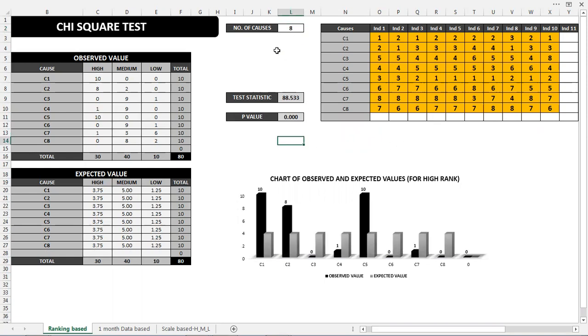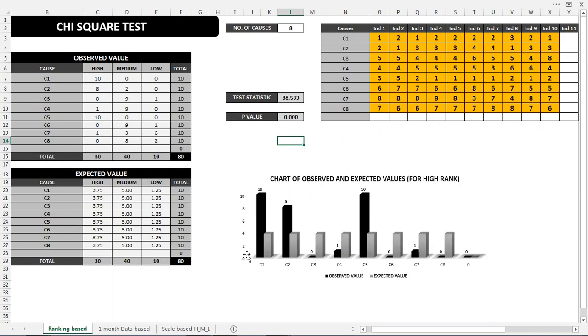right? And once I added 8 causes, when I removed this C9, now we had 8 causes and 10 individuals gave the ranking. I put the tested ranking over here. I got a p-value of 0.000. And also the graph of observed value versus expected value.